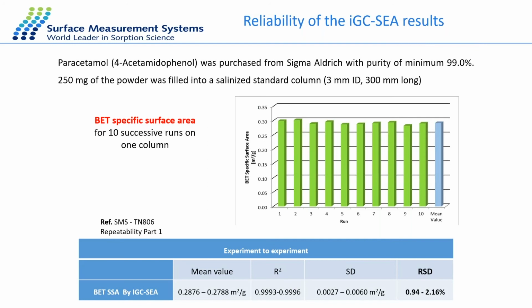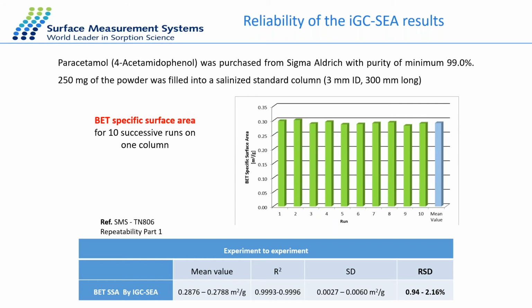We also performed a reproducibility study for BET specific surface area, so the reliability of the instrument on surface area. During this study, we used commercially available paracetamol from Sigma Aldrich, and we packed 22 columns. Each column contained 250 milligram samples, and on the first 10 columns we repeated the experiment 10 times and determined the experiment-to-experiment reproducibility.